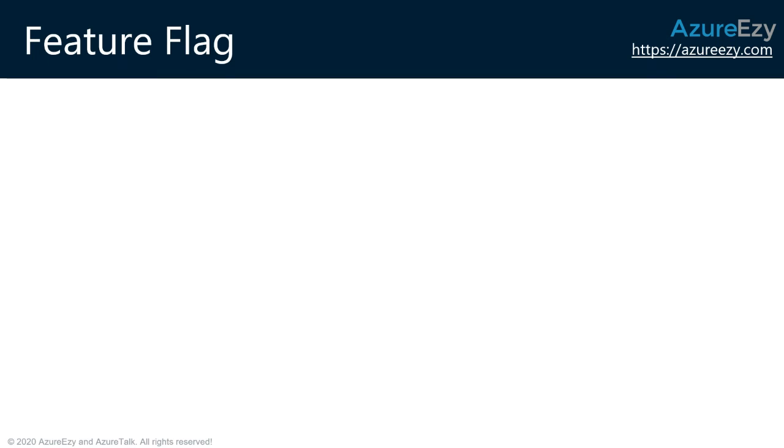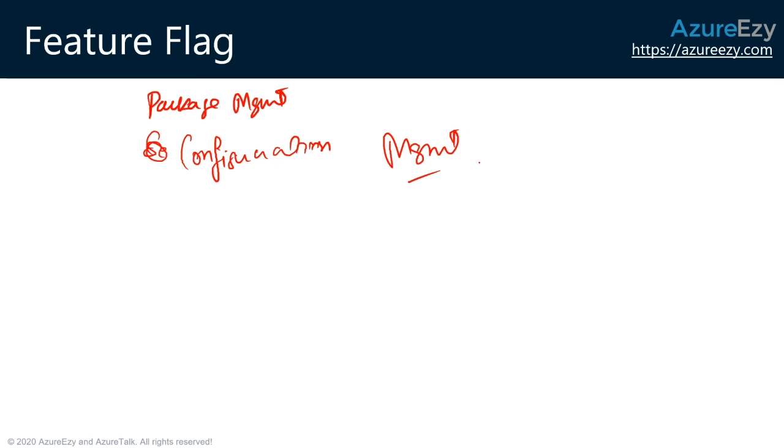Now, the next thing is feature flags. We have discussed certain things like package management, and similarly, we have discussed secret management or configuration management, like how do you make sure the separation of concern is maintained, so that whatever should be known to a developer is only known to them, and if by mistake a developer is posting some information, how do you avoid such secret information getting into the version control, like using git ignore and all.